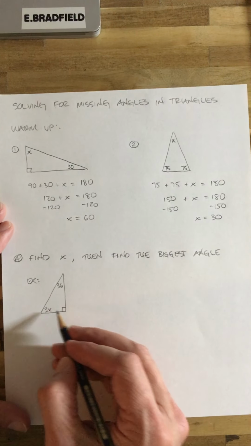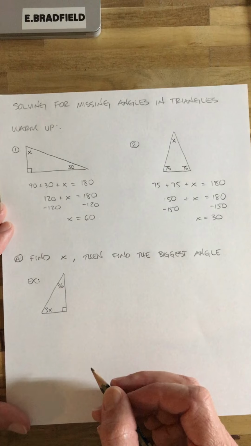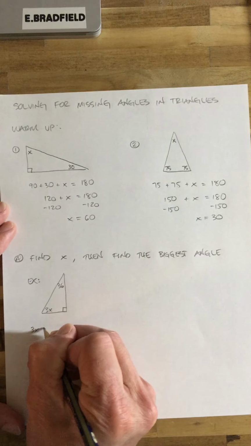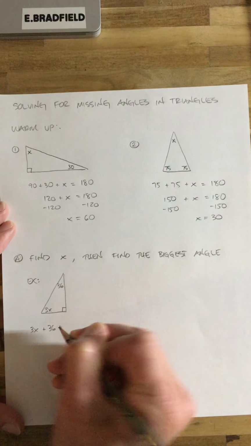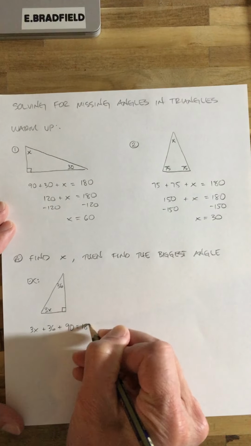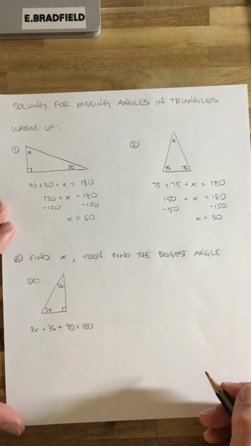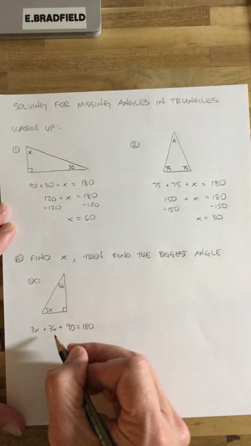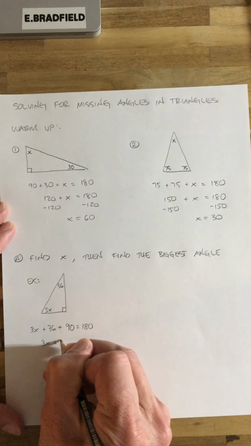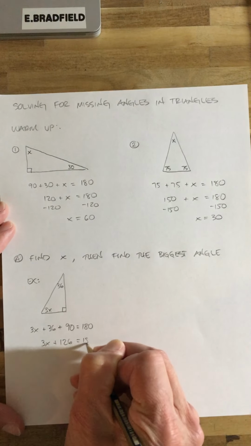We know that this plus this all adds up to 180, okay? So 3x plus 36 plus, remember that square is 90, adds up to 180, okay? We'll combine like terms, so 36 and 90, that's 126, so we have 3x plus 126 equals 180.